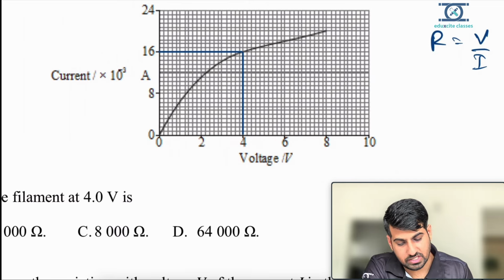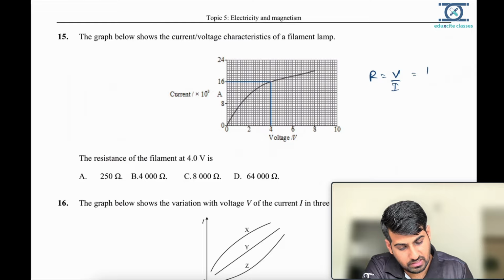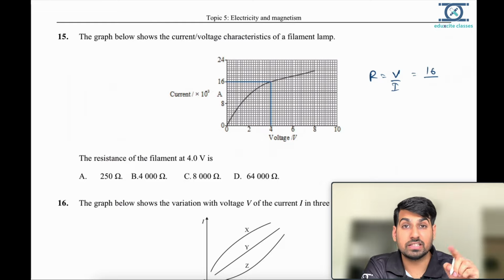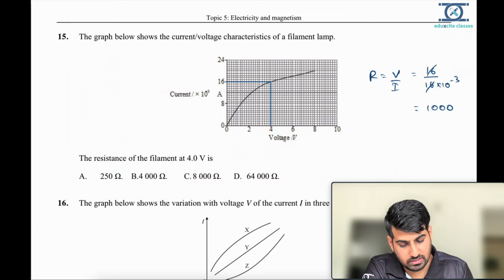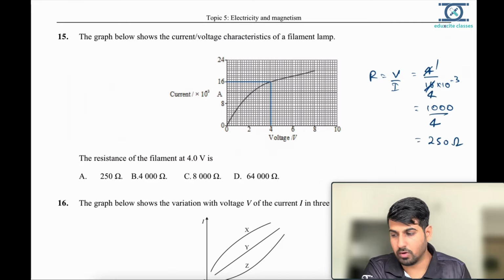So just you have to do 16 upon, current is 10 raised to power minus 3 guys. So this is 16 into 10 raised to power minus 3. Sorry, V is 4 not 16. So this is 4 by 16 into 10 raised to power minus 3, which is 250 ohm. Option A is the right answer.